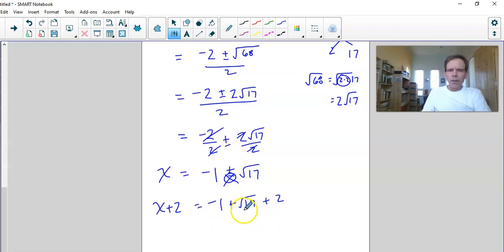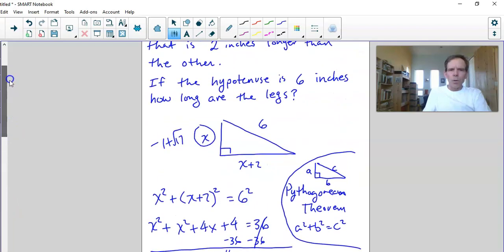Here we see that we have negative 1 plus 2, which gives us 1 plus the square root of 17. So what's the deal? One leg is negative 1 plus the square root of 17 inches, and the other leg is 1 plus the square root of 17 inches.